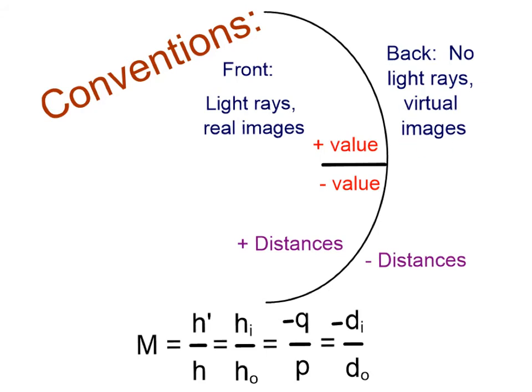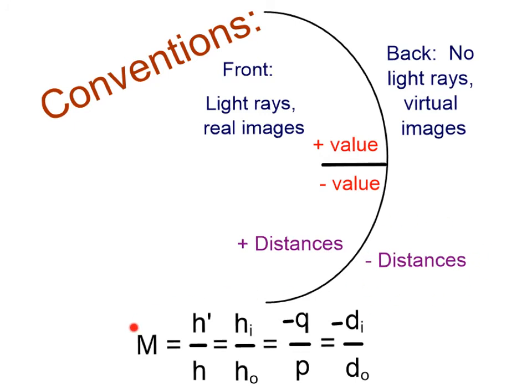If we are discussing something on this side of the principal axis, it will have a positive value. Something on this side is going to have a negative value. Same with distances. If we're talking about a distance from the mirror that is on this side, that will be a positive distance. If we're talking about a distance going off on this side, the back of the mirror, it will have a negative value for the distance.